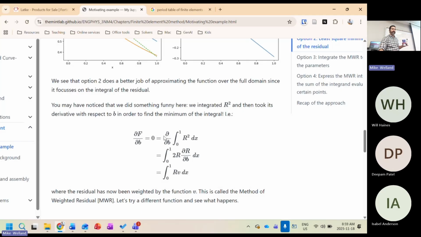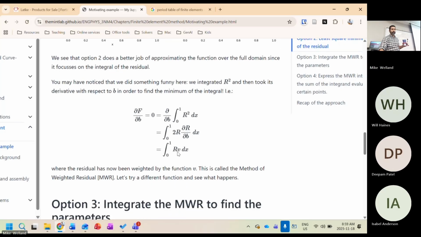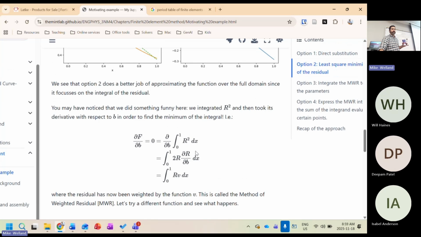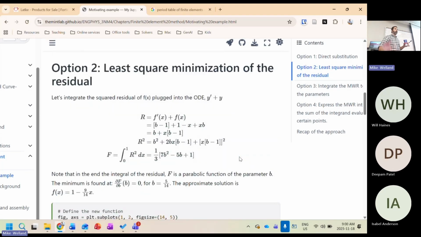Let's just bring this guy inside the integral. Why not? We get this equation, and we're just going to generalize 2 dr by db into this weirdo function v that has yet to be determined. Okay?